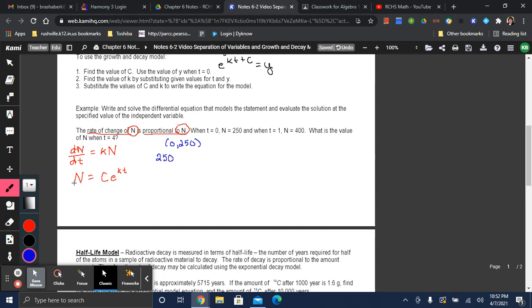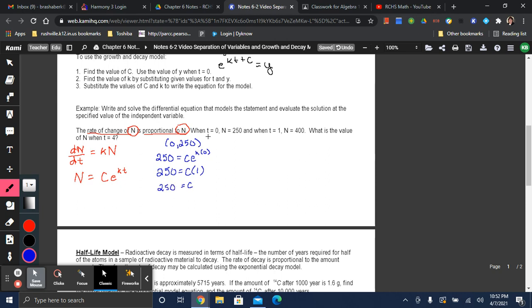So we'll put 250 in for n, and that equals c e to the kt. I don't know the initial amount c. I also do not know the constant k, but I know the time is 0. So that gives me 250 equals c, and then this is e to the 0 power, which is just 1, and so my c is 250.